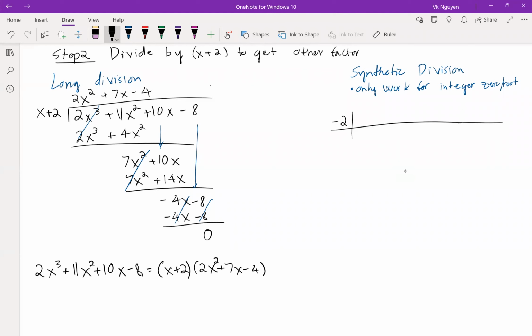And on the right side of negative 2, we have the coefficients of the function in decreasing order: 2, 11, 10, negative 8. First step is we're going to pull down the leading coefficient, 2. Notice that this 2 and the 2 here are the same.